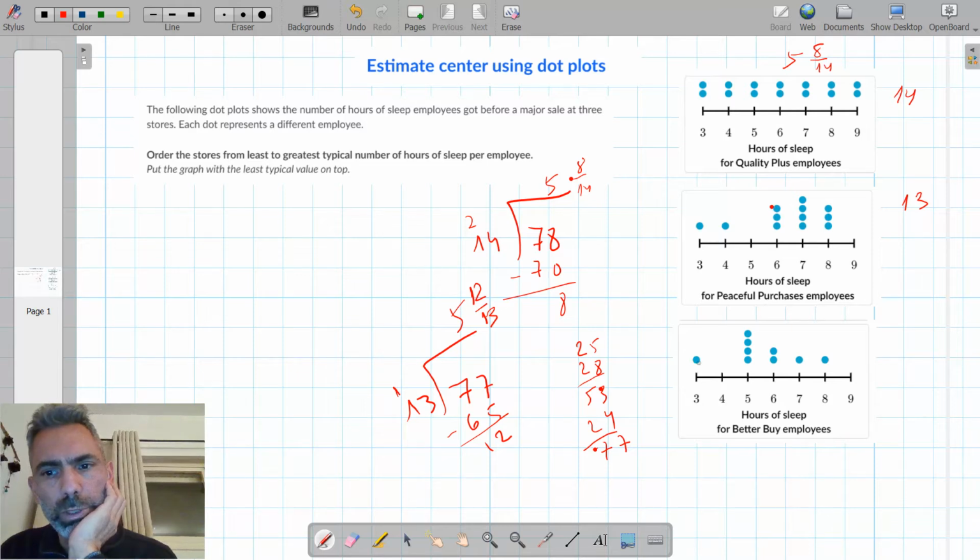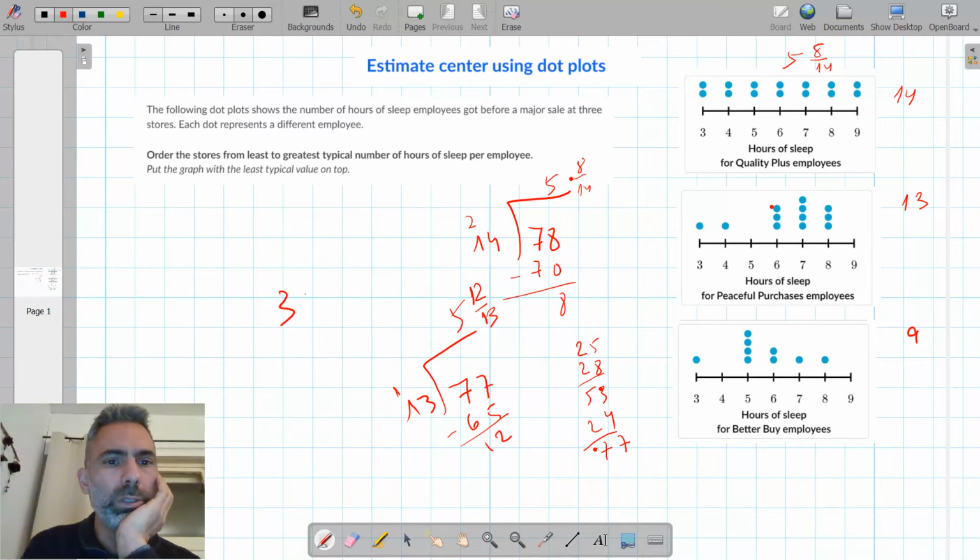Here, how many employees? 1, 2, 3, 4, 5, 6, 7, 8, 9 employees. They slept how many hours? 3 plus 20, that's 23, plus 12, that's 35, plus 4, that's 39, plus 8 is 47.